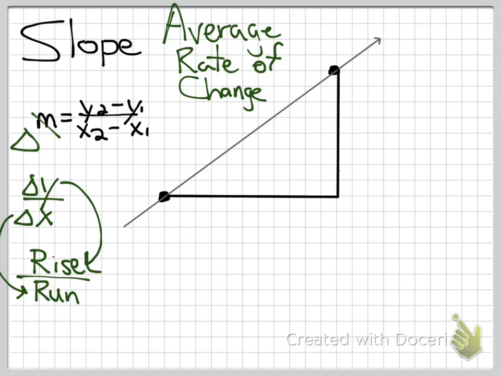And we can count. We went up 8, and we went over 11. So now the slope of this line, the change in y compared to the change in x, is 8 over 11.